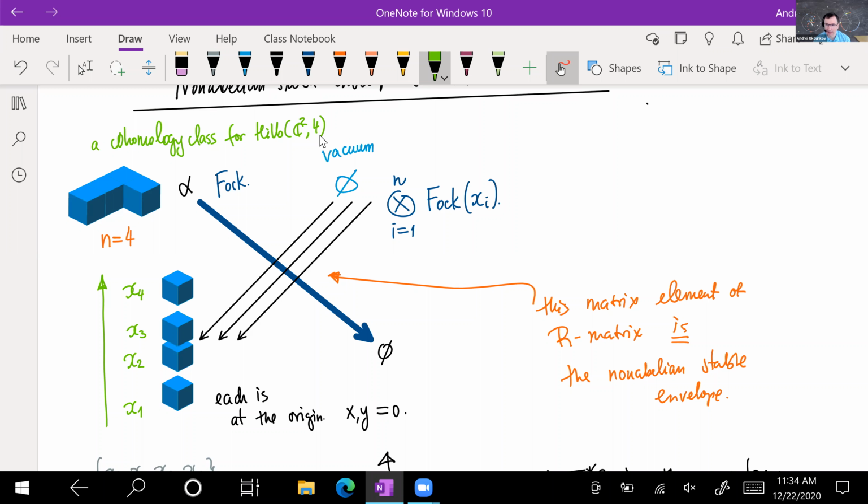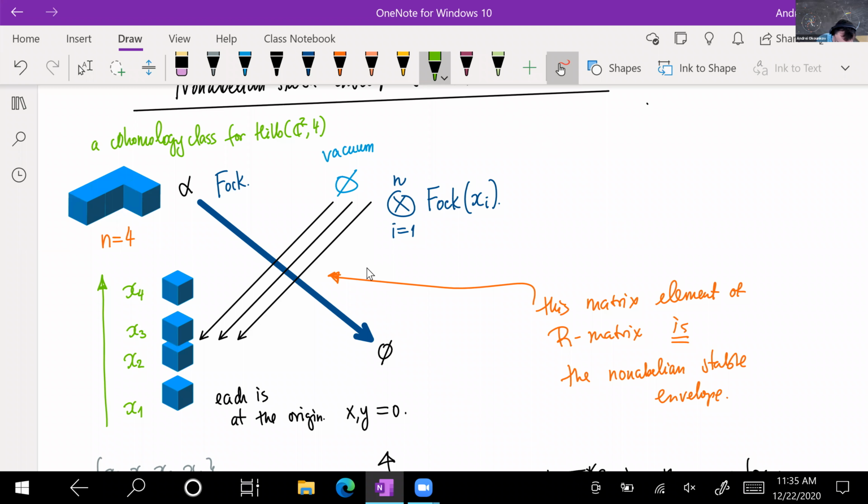The way to do it is you take the R matrix between your space, in this case the Hilbert scheme of points, and an auxiliary space you choose. In this case you get 4 copies of the Fock space, and then the matrix element we will take.